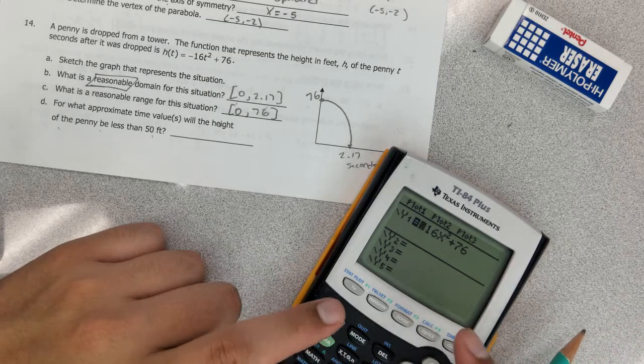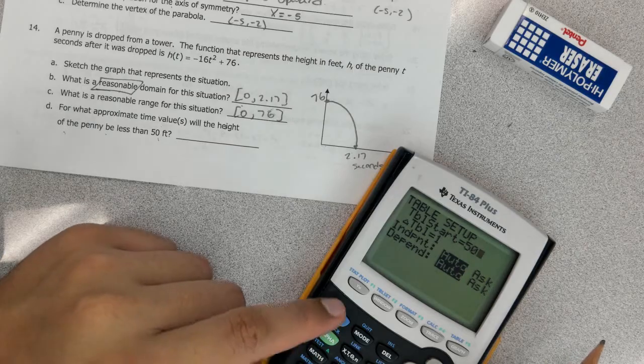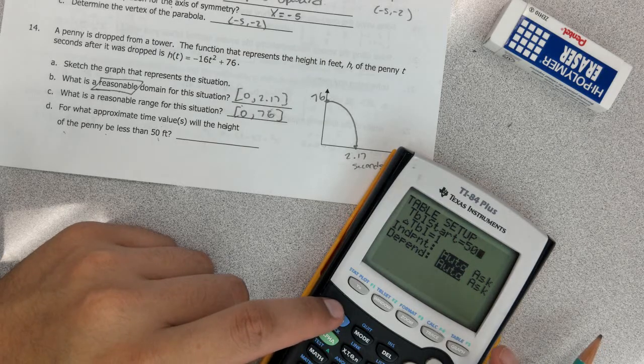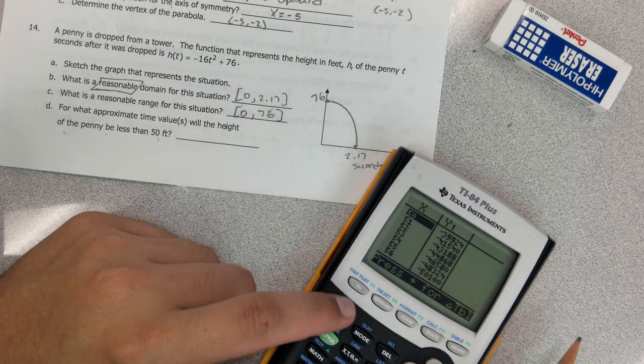So 50 feet. Second table set. Let's see what we get for 50.